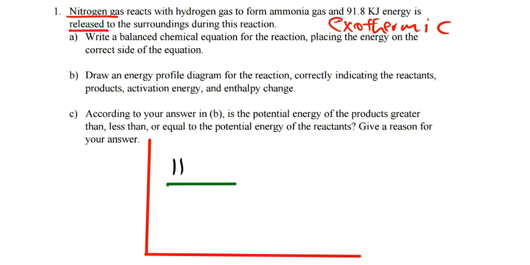What do we have as reactants? We've got nitrogen reacting with hydrogen. You can write it as it is balanced and indicate the states as well. I will not indicate the states, but you should.